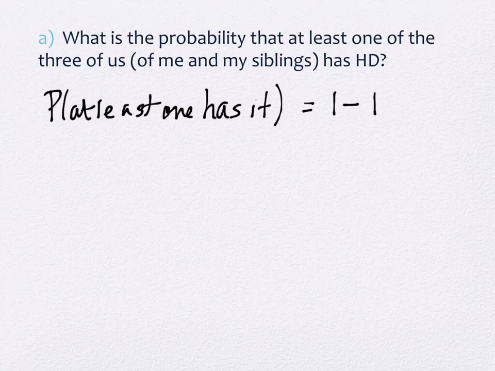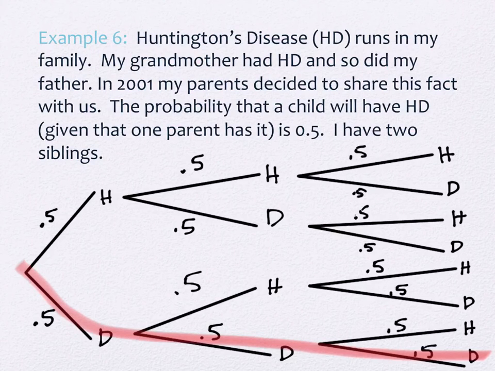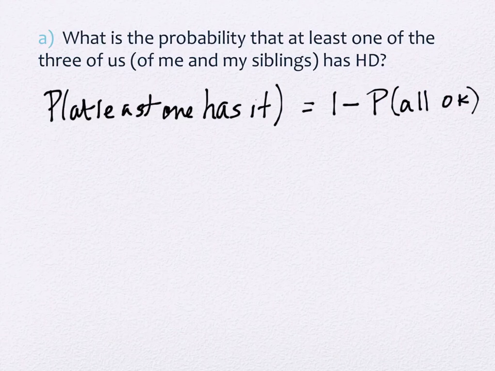It's 1 minus the probability that we're all okay. What's the likelihood that we're all okay? Well, it's 0.5 times 0.5 times 0.5.